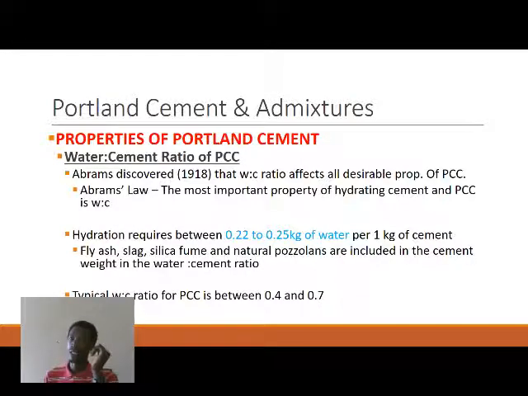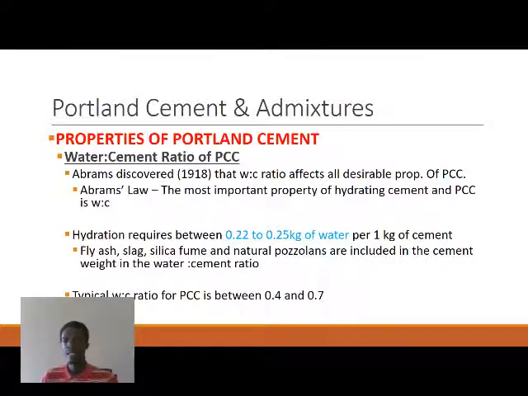Another important property, like I said, is the water-cement ratio. Cement, to a very large extent, deals with hydration. Hydration is the mixing of water, or the use of water, in forming bonds. The unhydrated particles of the cement are mixed with water to begin to form bonds. Water to cement ratio is very important because it determines whether your mixture is going to be watery, workable, or unworkable.